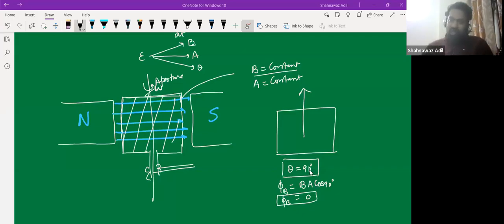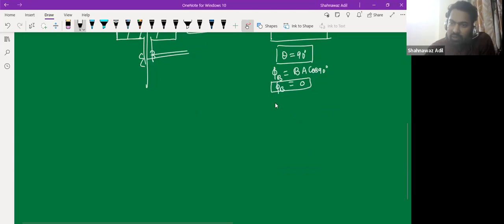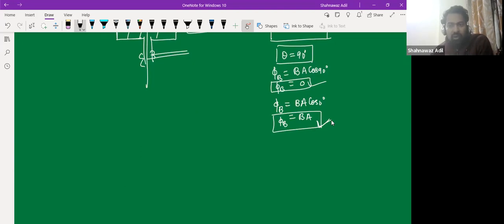If you rotate it by 90 degrees, you have increased your flux: BA cos 0, so this is BA. This has become maximum, right? Your flux was 0, and then you increased it, so it has become BA. So what is happening to the flux, guys?